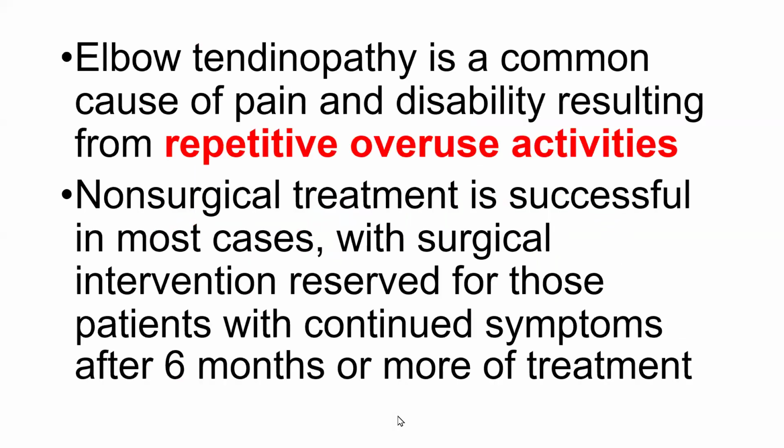Elbow tendinopathy is a common cause of pain and disability resulting from repetitive overuse activities. Non-surgical treatment is successful in most cases, with surgical intervention reserved for those patients with continued symptoms after 6 months or more of treatment.